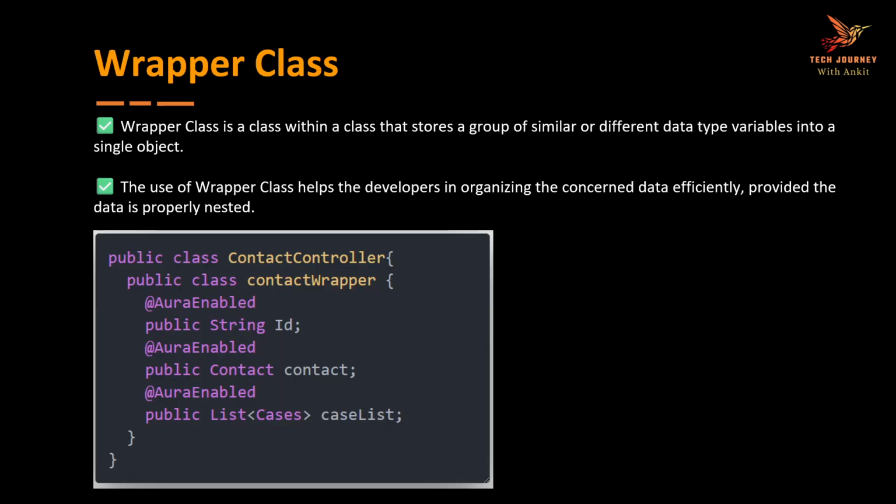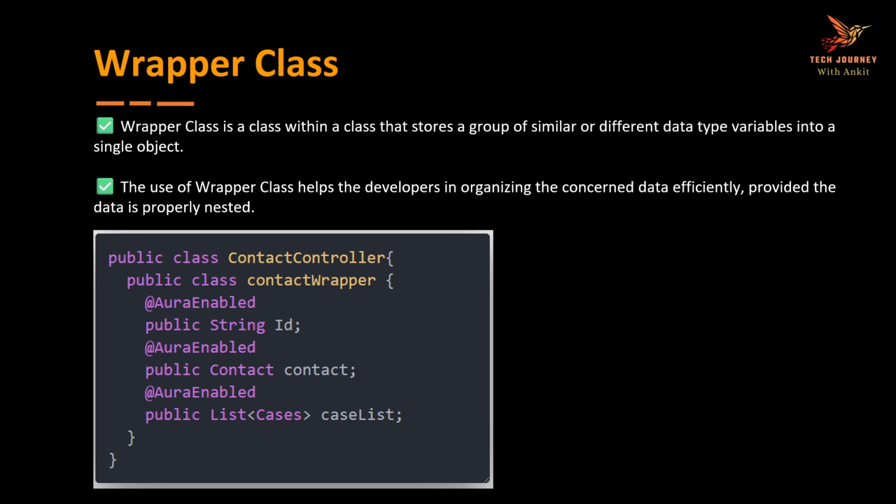Let's try to understand first what a wrapper class actually is. A wrapper class is nothing but a class inside your class where you group similar or different data type variables into a single object. Again, I'm repeating, a wrapper class is nothing but a class inside the class. In this example, we have the contact controller that is referred to as the outer class.